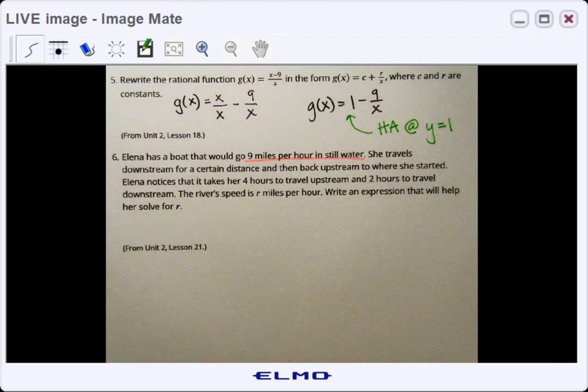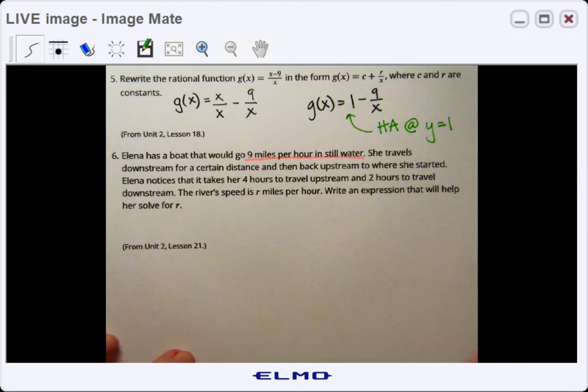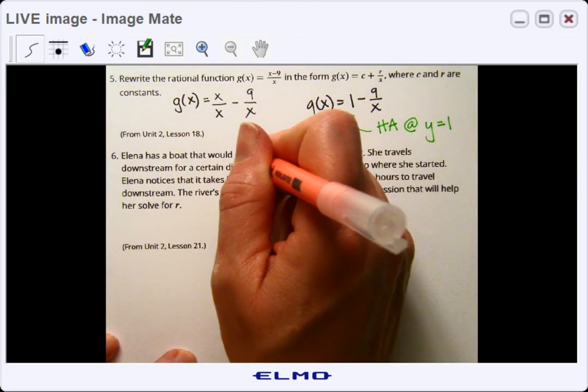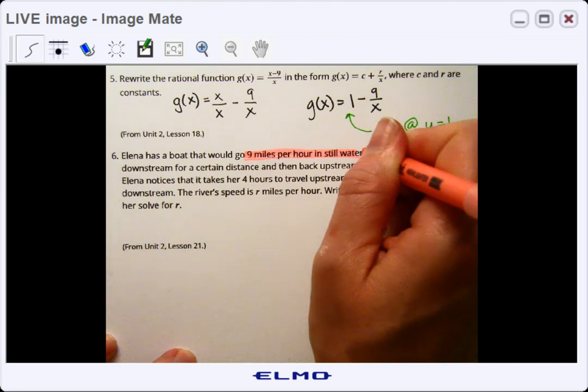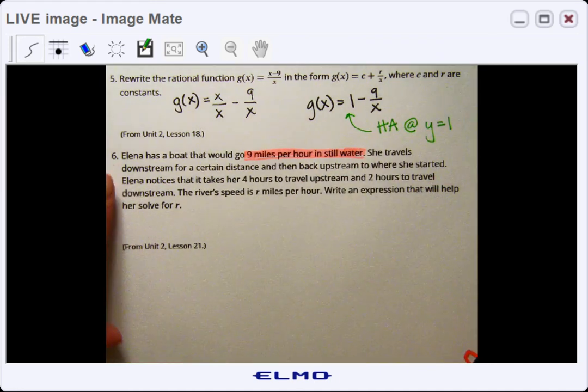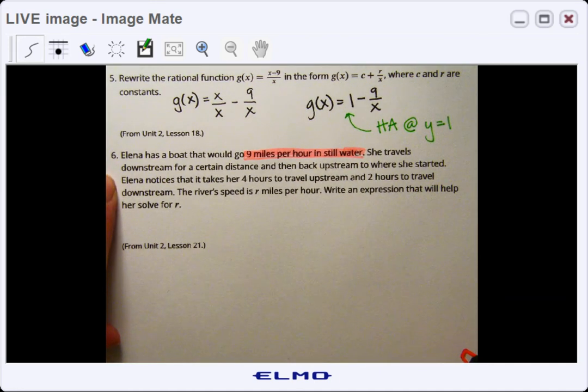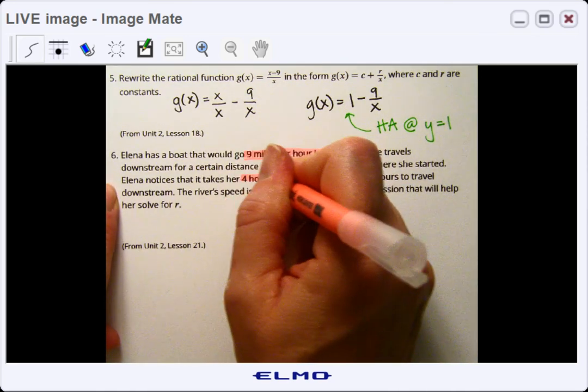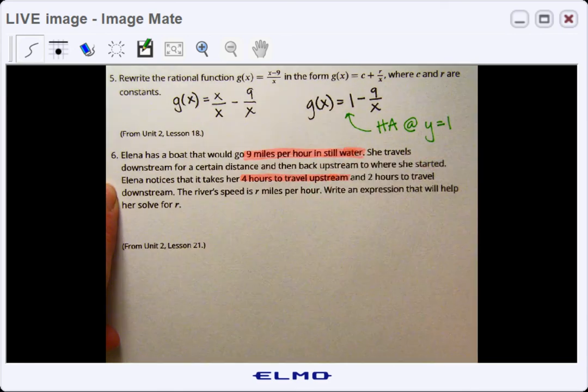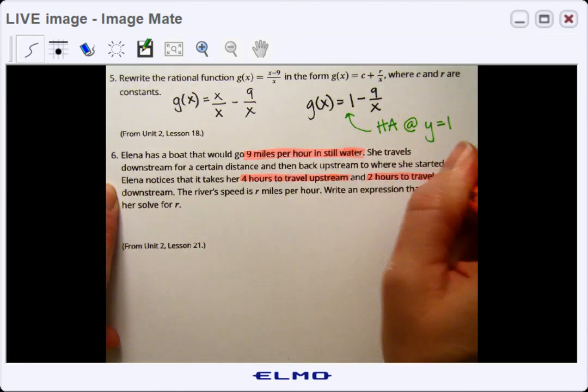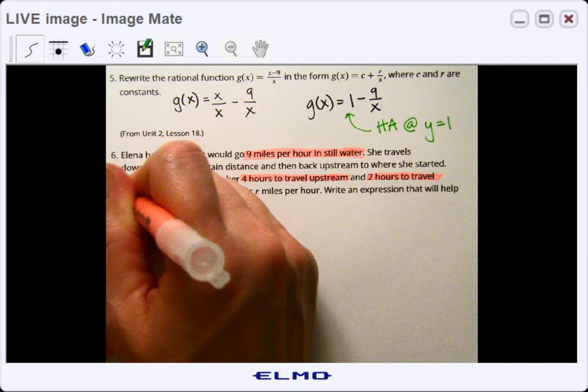So we don't actually have to solve this one, but let's look at the important information. So like I said, this is the speed of the boat. She travels downstream for a certain distance and then back upstream to where she started. It takes her 4 hours to travel upstream and 2 hours to travel downstream.